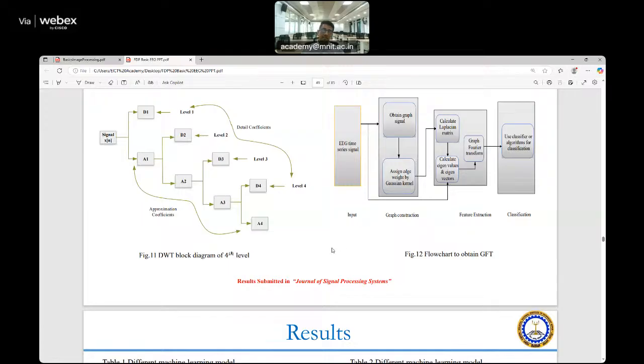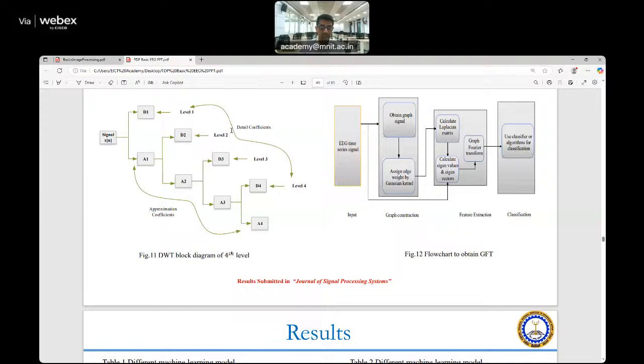Another thing regarding the wavelet part: if you see, A1, A2, A3, A4 are basically the approximated copies. They are basically the low frequency components. D1, D2, D3, D4 are basically the high frequency components. So in wavelet, approximation coefficients will give us the actual reality of the picture.